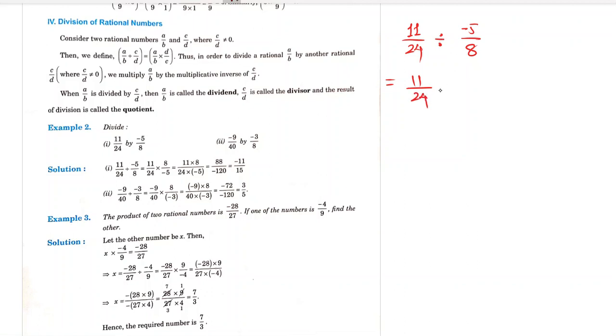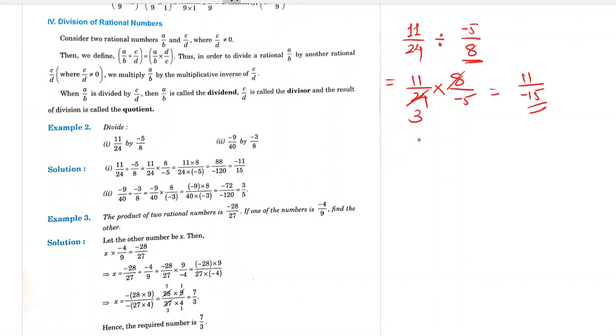The sign of division will get converted into multiplication, and the number after the division sign will get converted into its reciprocal. So it will become 8 upon minus 5. And then 8 will cut with 24 and simplification will give you 11 by minus 15. That is the answer. This is how you solve division.